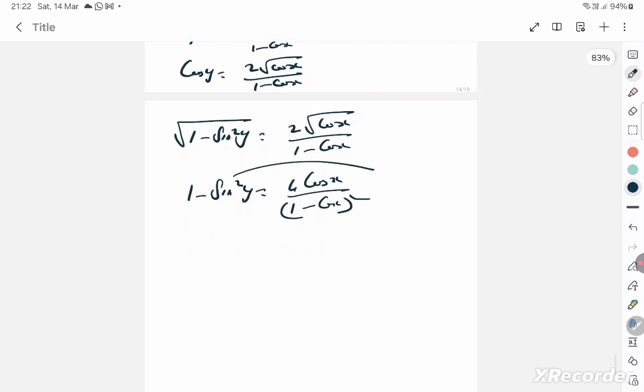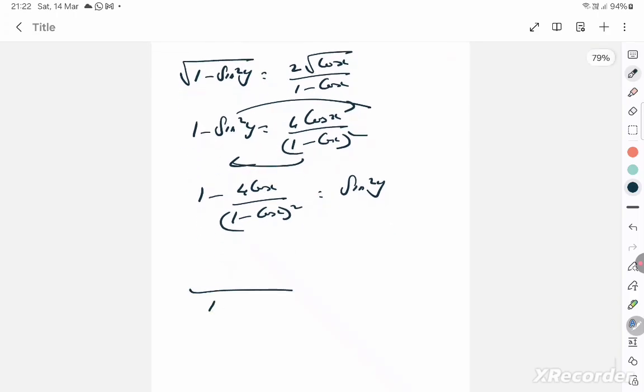Then take the sine square y to that side and bring this side. 1 minus 4 cos x by (1 minus cos x) the whole square is equal to sine square y. On expanding, (1 minus cos x) the whole square, you have 1 minus 2 cos x plus cos square x minus 4 cos x is equal to sine square y.